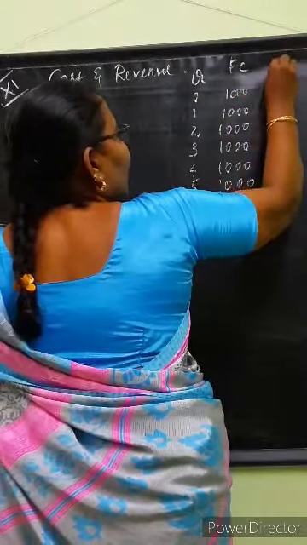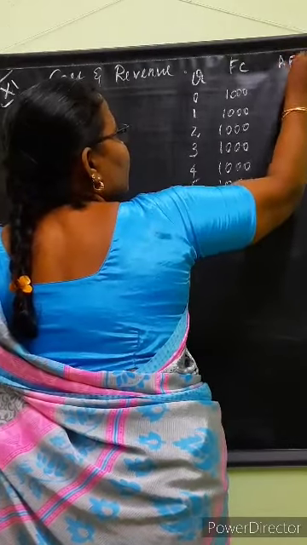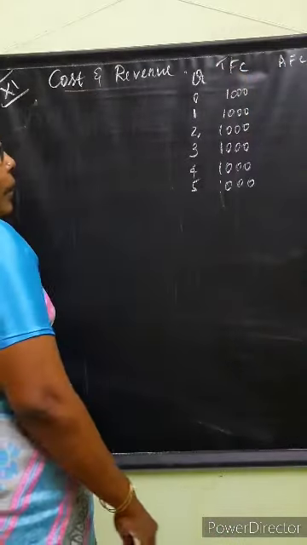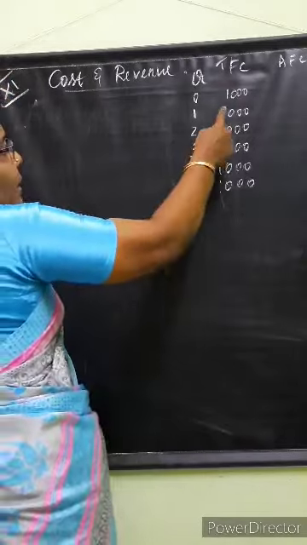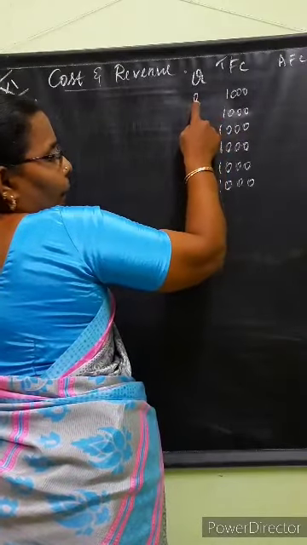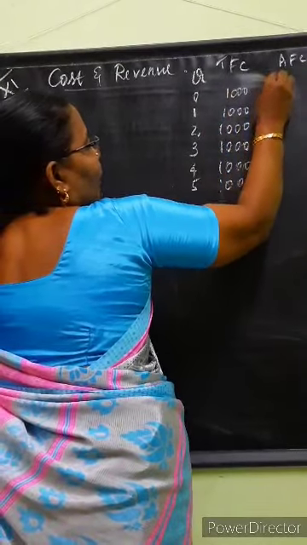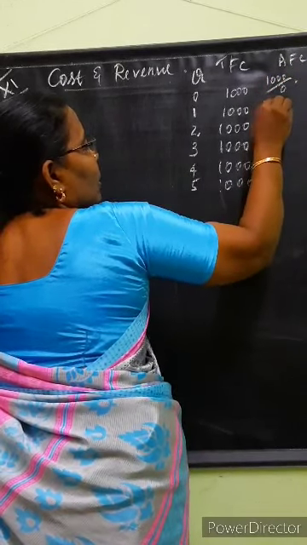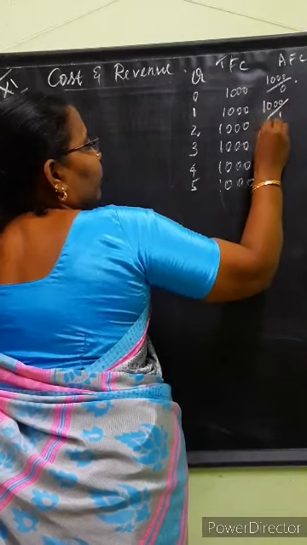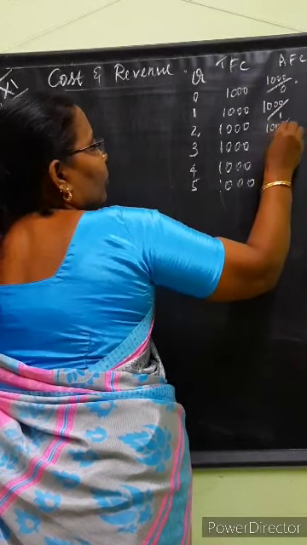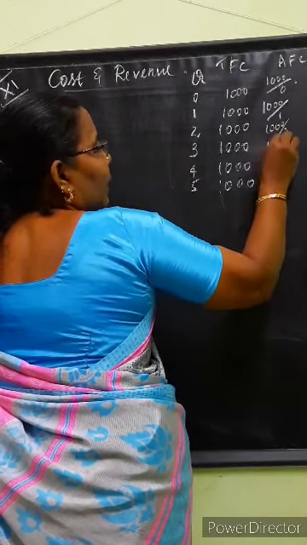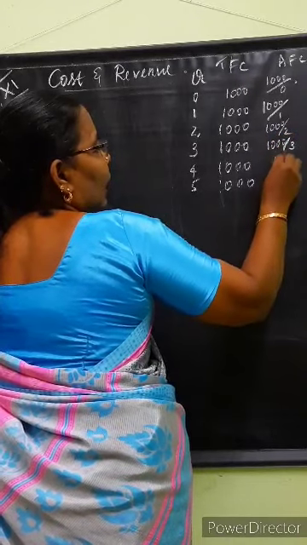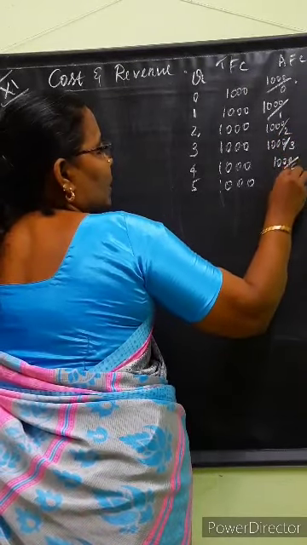Then how will you calculate the average fixed cost? This is total fixed cost. How will you calculate average fixed cost? It will be calculated by TFC by Q, isn't it? For 1000 by 0, then 1000 by 1, then 1000 by 2. In this manner, you have to calculate the average fixed cost.